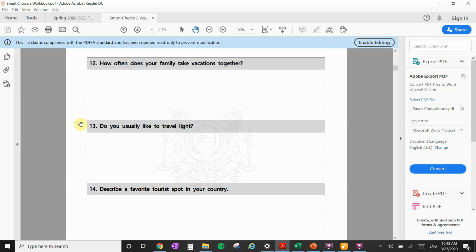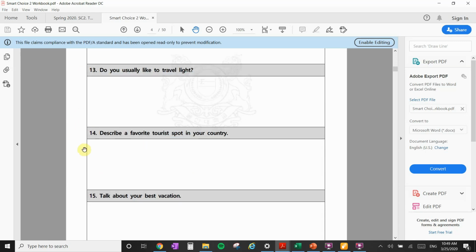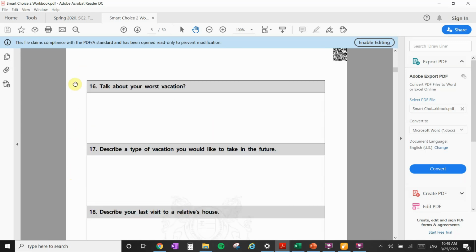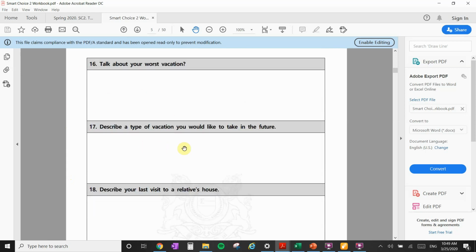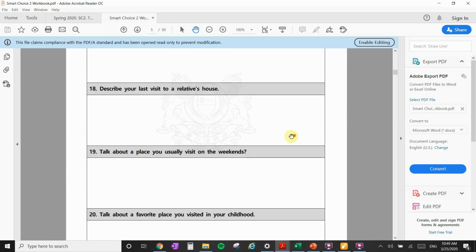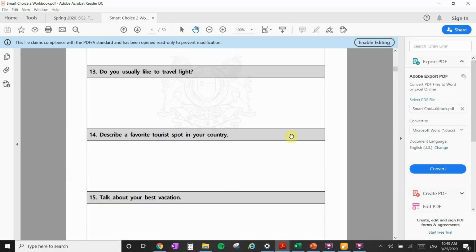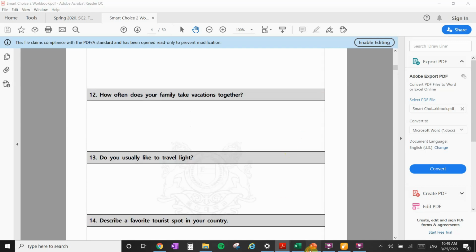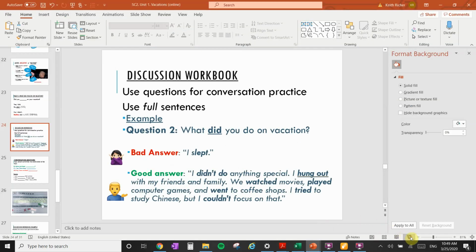In our homework, you only need to do 5, but this is an example of these questions. Talk about your worst vacation. Describe a type of vacation you would like to take in the future. All of those things. We're going to do an example together a little bit later. So let's just take a look at some good and bad examples.